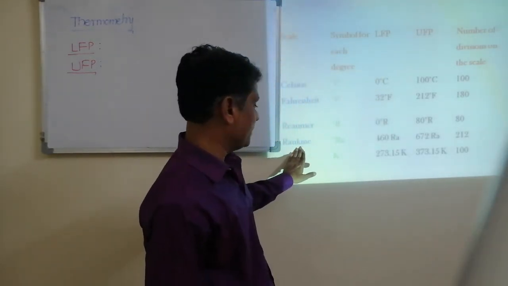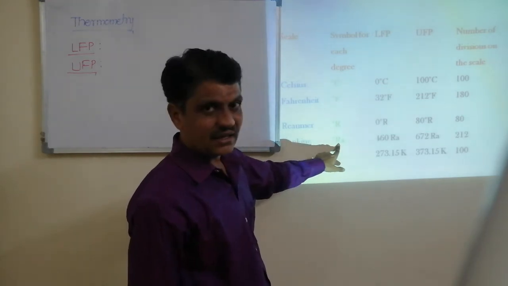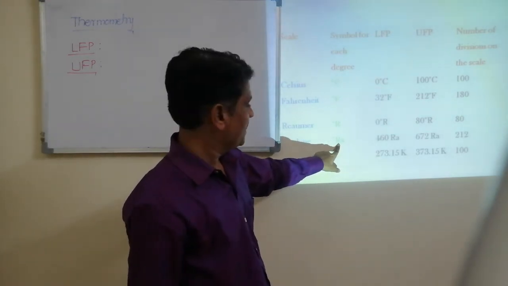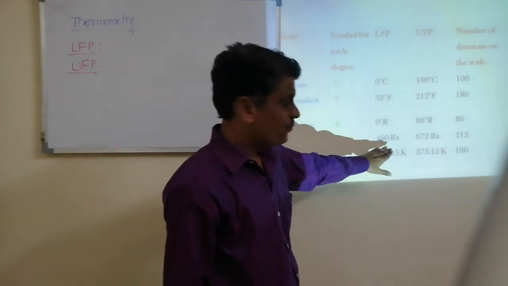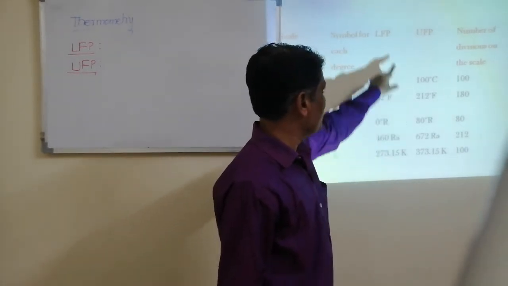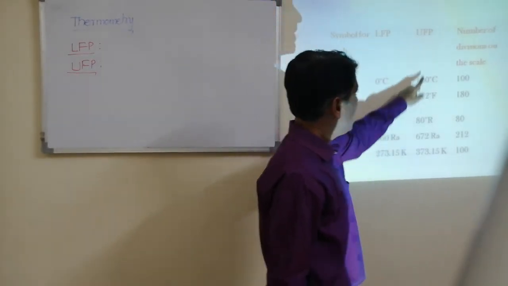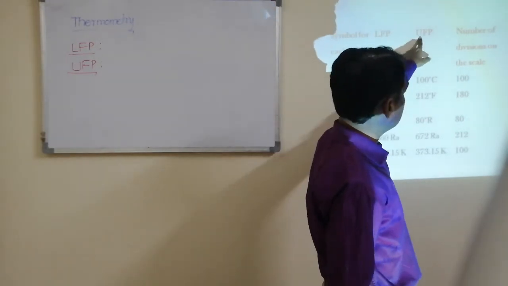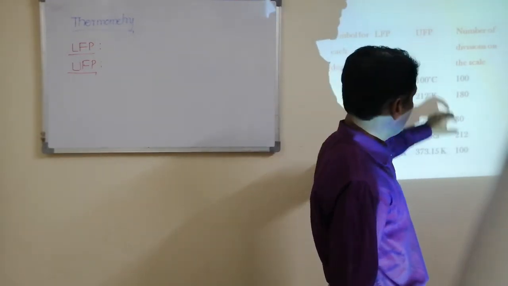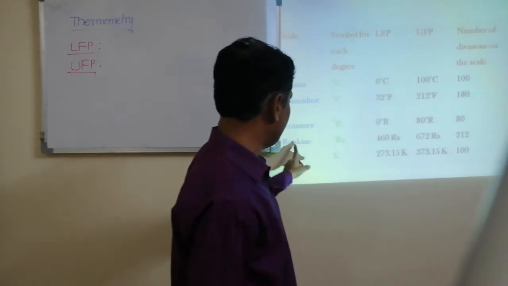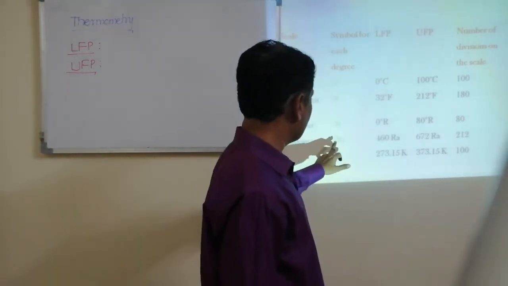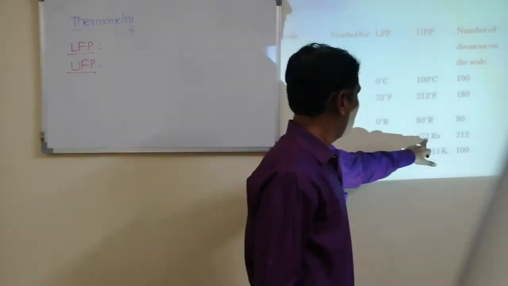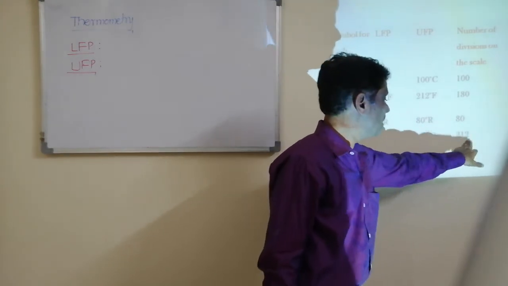Then the Rankine scale, degree Rankine, is represented by RA. 460 Rankine is the lower fixed point and 672 is the upper fixed point. The total number of divisions between the upper fixed point and lower fixed point is 212.